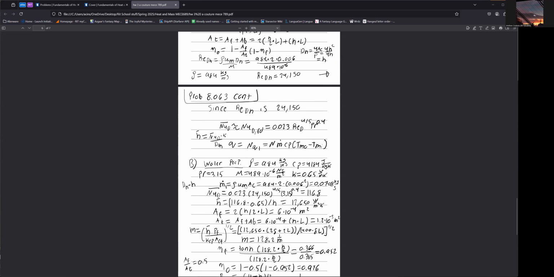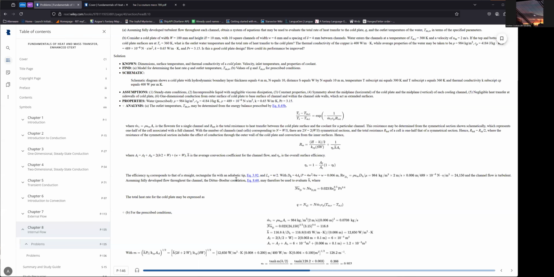As I say here, since the Reynolds number for the DH in this case is 24,000, we can approximate H bar of the fluid itself through this Nusselt equation. What's the specific nomenclature for the equation?